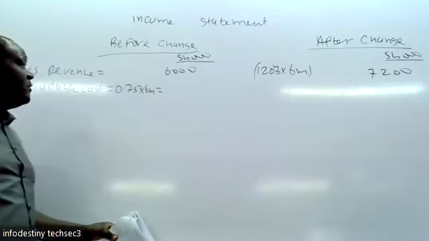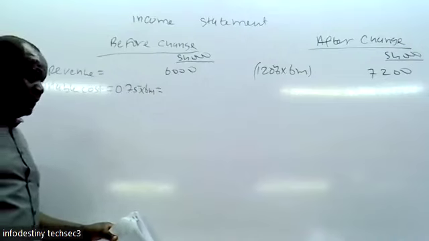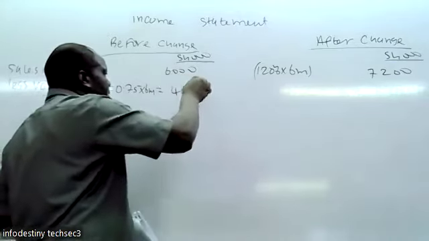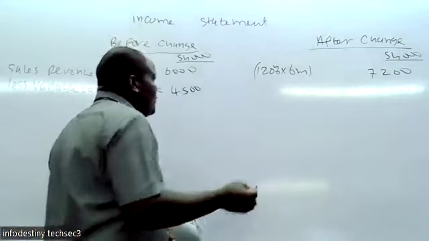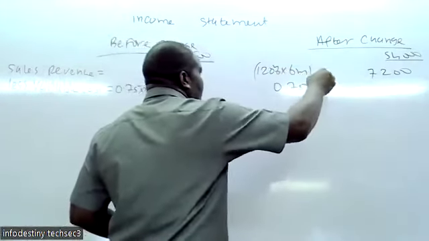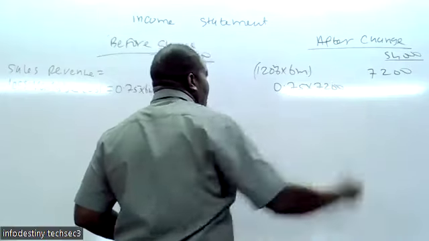So this first one should be which value? So this will be 4.5 million. And also this other one, get 0.75 multiplied by 7.2.